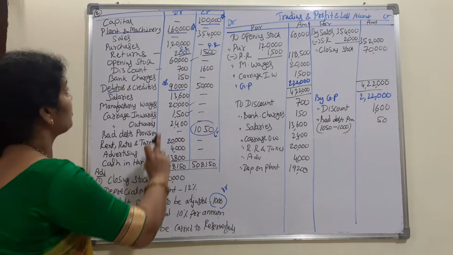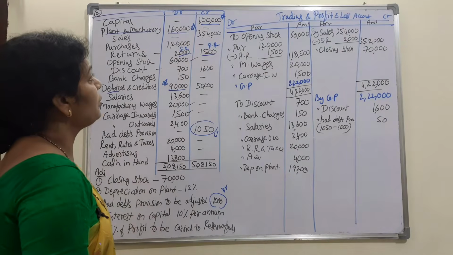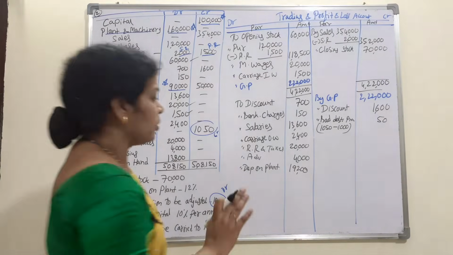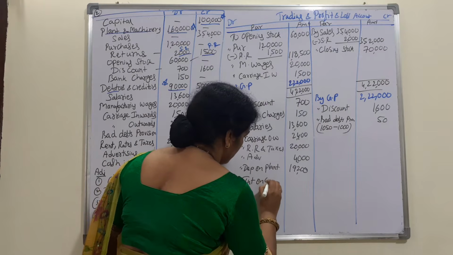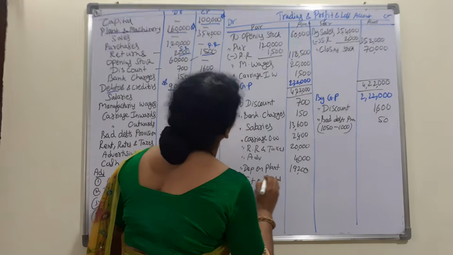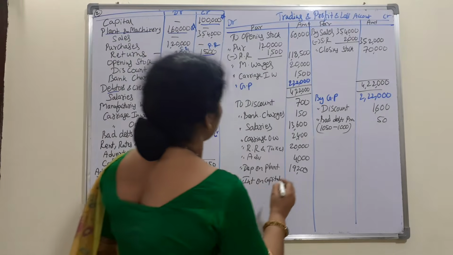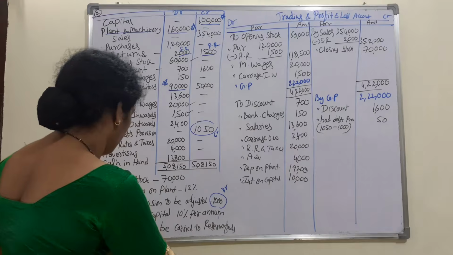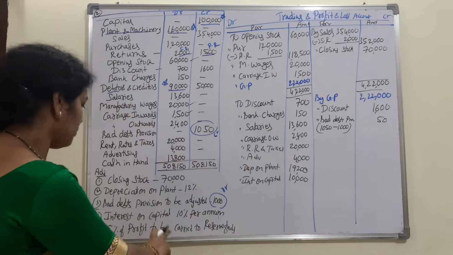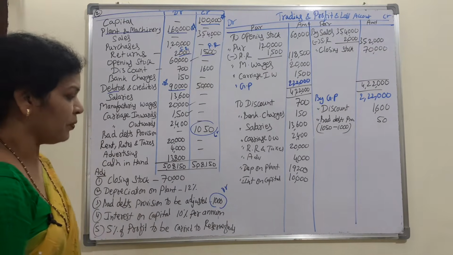Interest on capital 10%. Capital is 1 lakh. 1 lakh into 10% comes to 10,000. Interest on capital is here, 10% is 10,000. Next, 5% of profit to be transferred to the reserve fund.